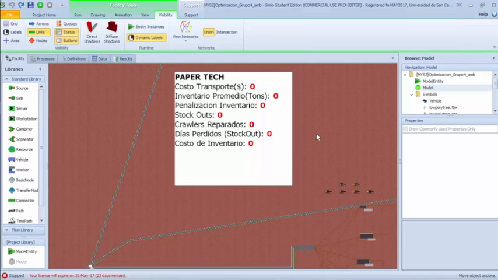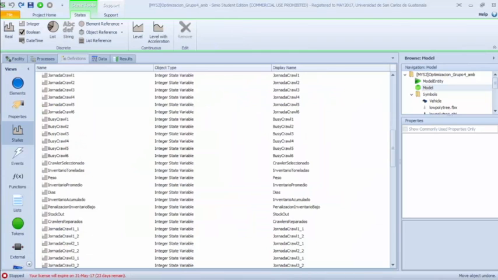In the base model, a lot of stockouts and penalties occurred, and many days of production were lost. What we noticed was that the priority method for the delivery wasn't very helpful, and the travel time between the forest logging operations and the mills took a lot of time.